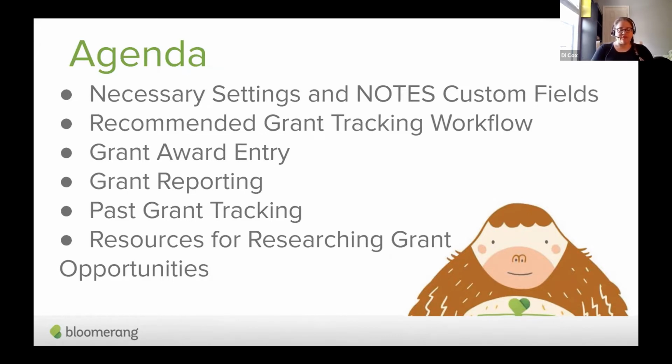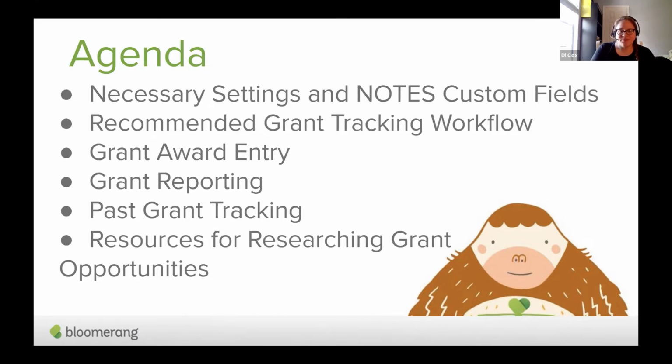If you haven't implemented this, there are always a lot of questions when we do this class live, such as: what about past years? How much detail should we go back and add? So we'll talk about that a little bit. And then we'll have some resources for researching grant opportunities, and if there's time after that, some question and answer.